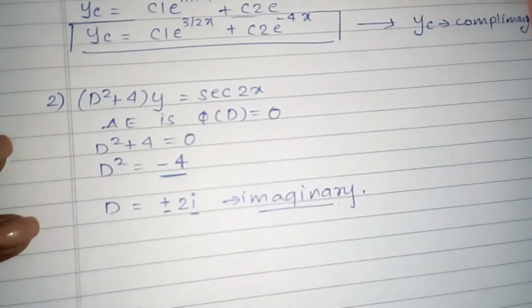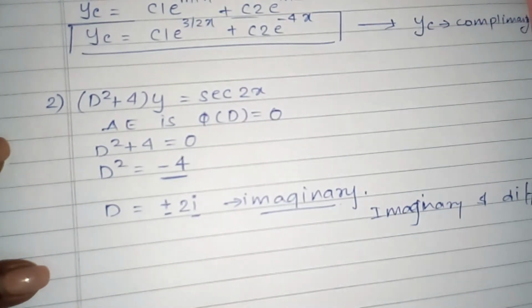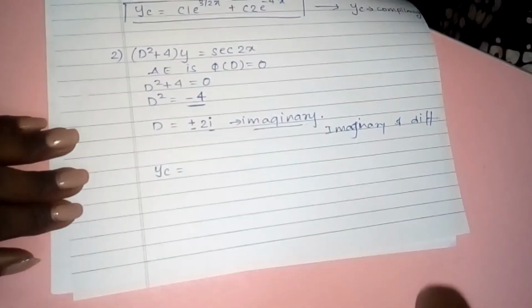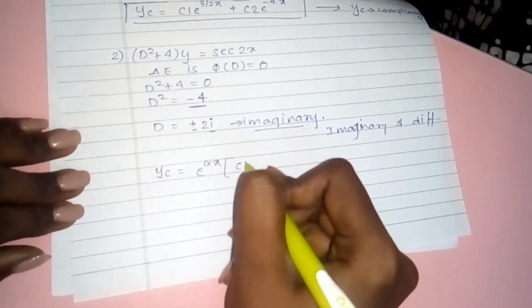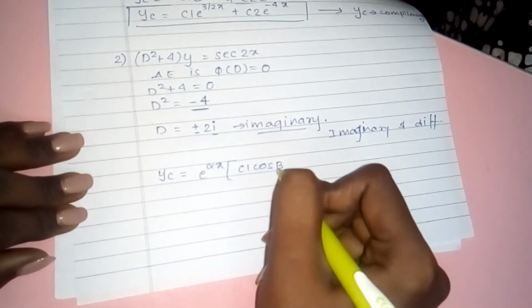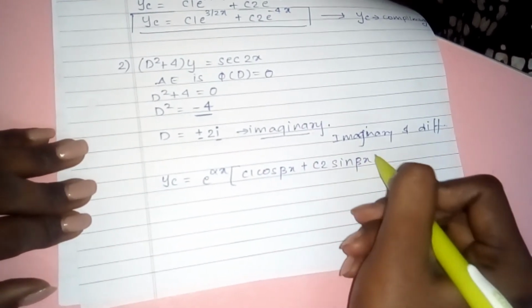When the roots are imaginary and different, the formula for yc is e raised to alpha x (c1 cos beta x plus c2 sin beta x).